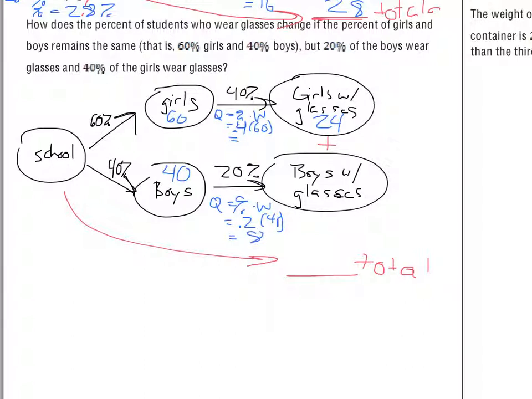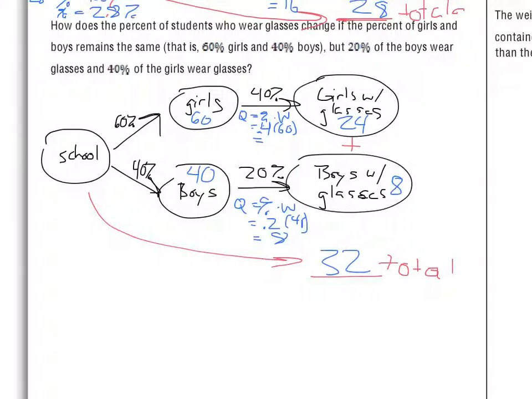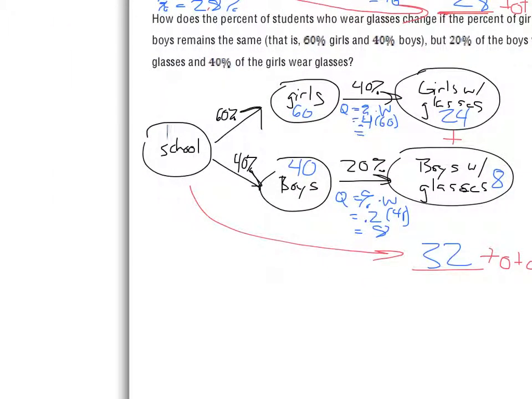That tells me there's going to be 8 boys with glasses. So we end up with 32 in total, which again, since our school started at 100, Q is equal to percent times whole. Our part is our 32, our whole is our 100. That makes our percent to be 32%.